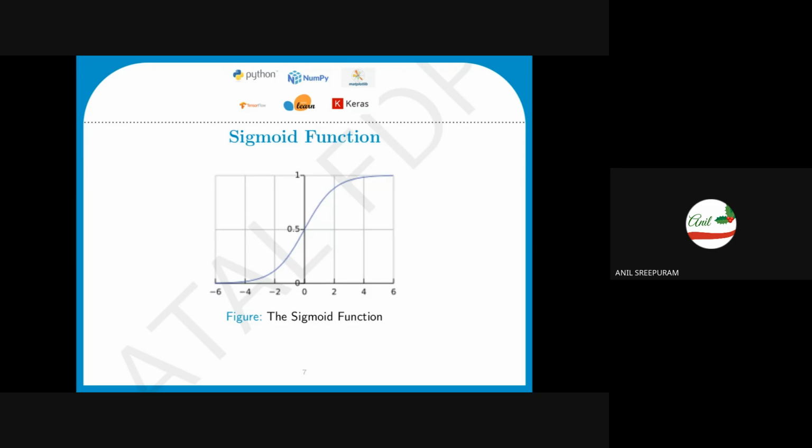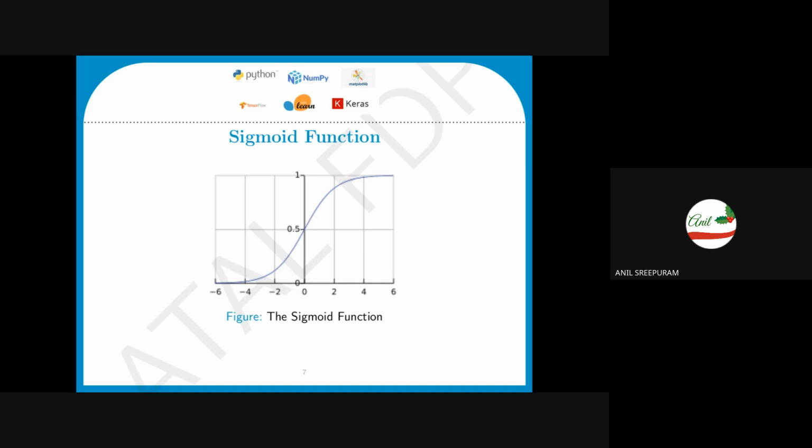It is supposed to meet 1 when the input is infinity, and supposed to meet 0 when the input is minus infinity.